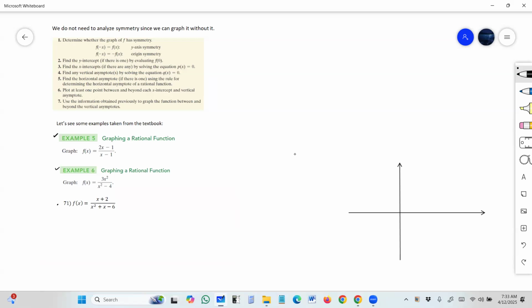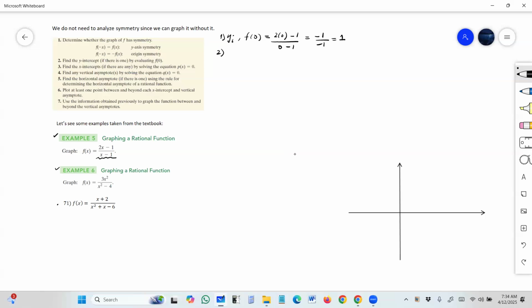The very first thing that I'm going to do is find the y-intercept. We find the y-intercept by finding the value of the function at 0. So wherever I have x, I am going to replace it with 0. Then I have 0 minus 1, so obviously this is -1 over -1, which is 1.